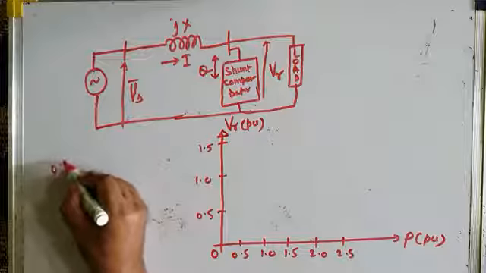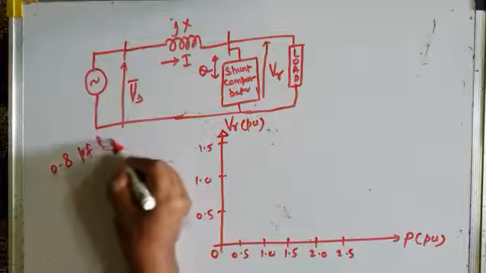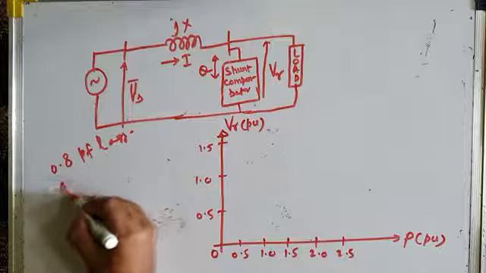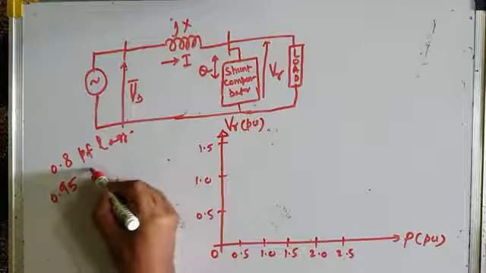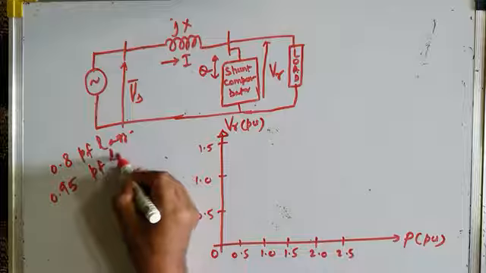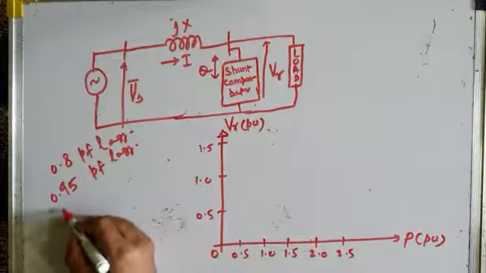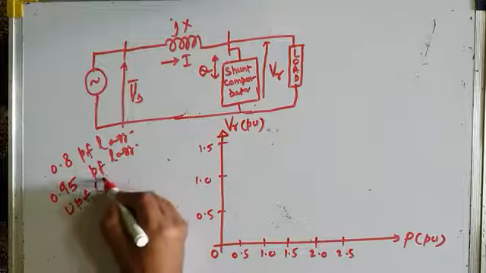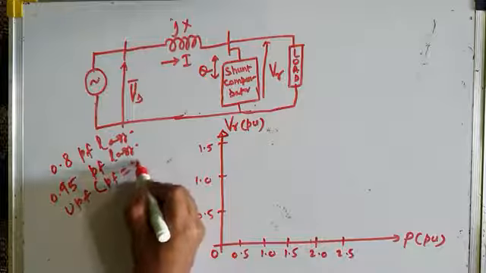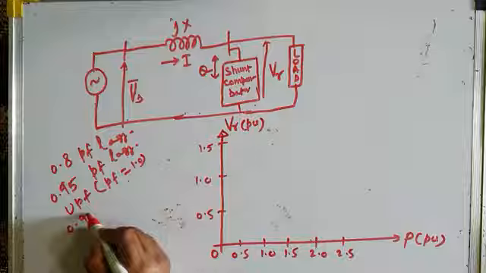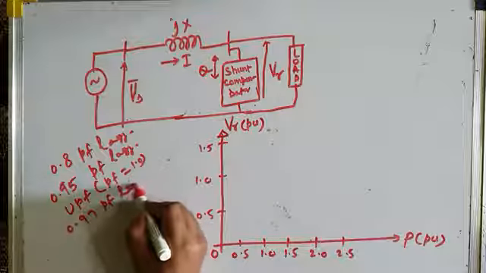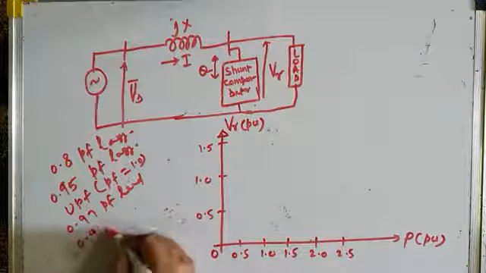First of all, 0.8 power factor lagging, then 0.95 power factor lagging, as we have done without compensation, then unity power factor, which means power factor equal to 1. Then we will go for 0.97 leading power factor, and finally 0.9 leading power factor.